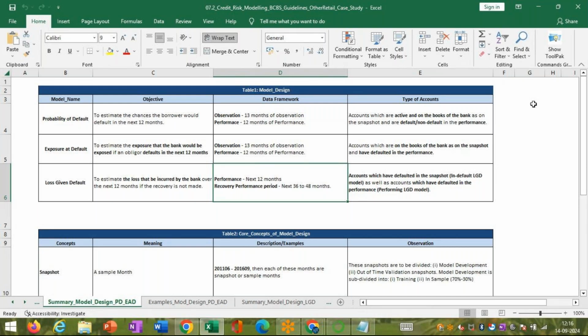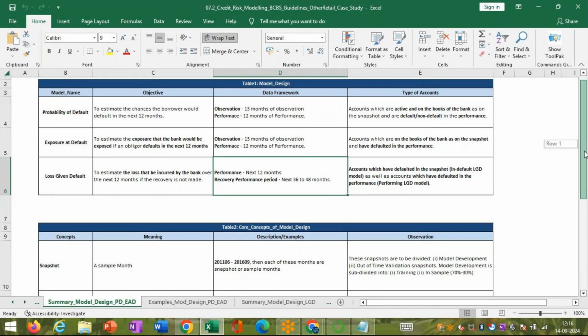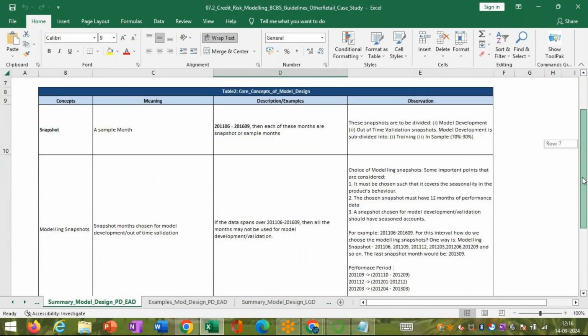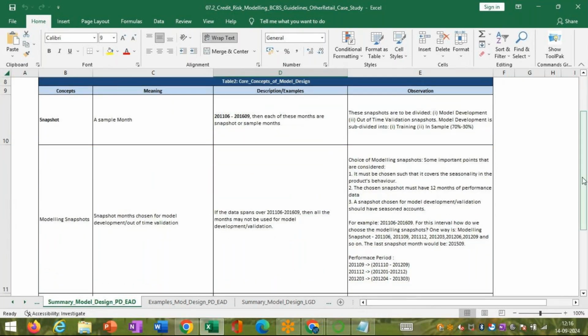Now, while we addressed the probability of default, there were some other related concepts that we spoke about. Some of the related concepts included the concept of snapshot.